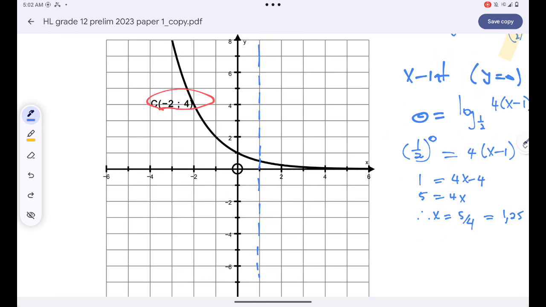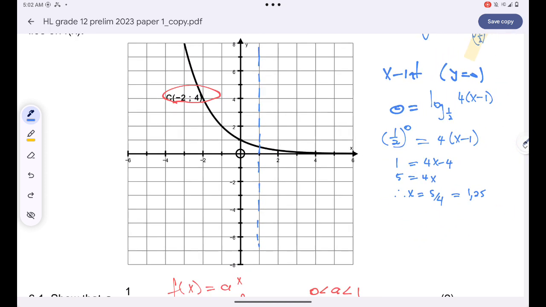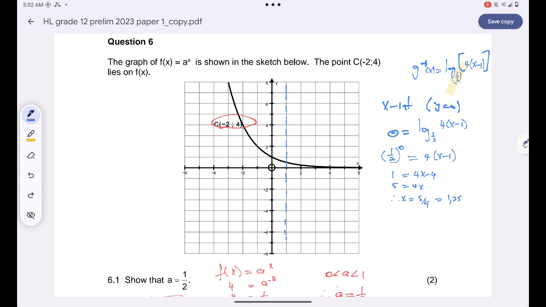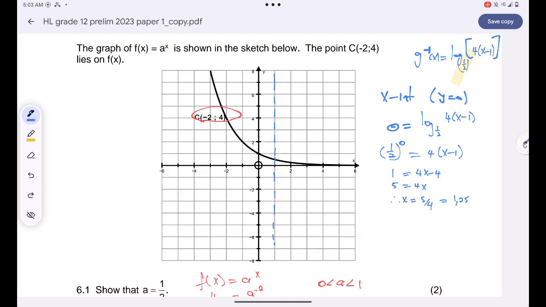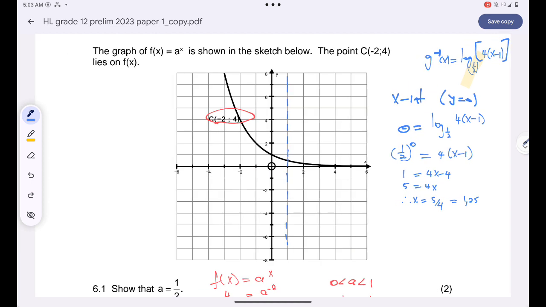So whenever I draw my graph, okay, let's find an extra point as well. Because if your graph does not cut both your x and y axes, you must at least have one extra point. Which point can we choose? Let me check. Okay, let me write over here in red, an extra point on the graph.